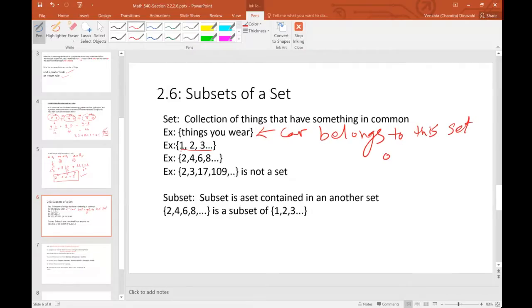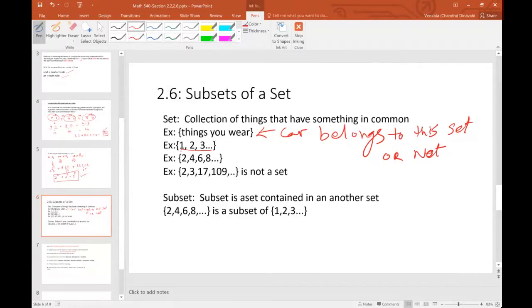That is the most important thing. See, car is something you don't wear, so car doesn't belong to the first set. Whereas if I give you a sock, sock is something you wear, so sock belongs to this set.